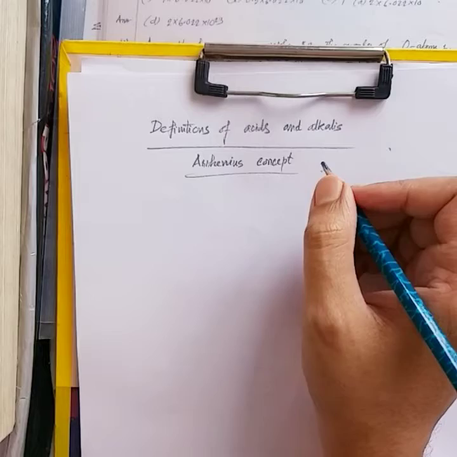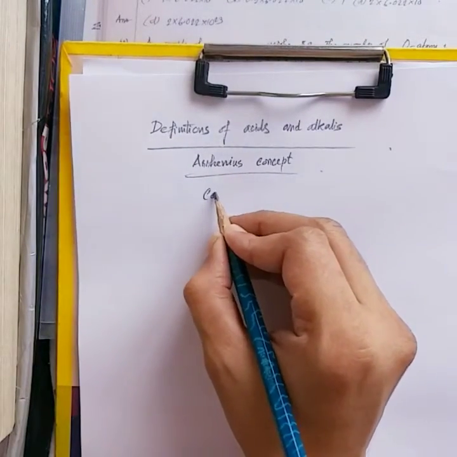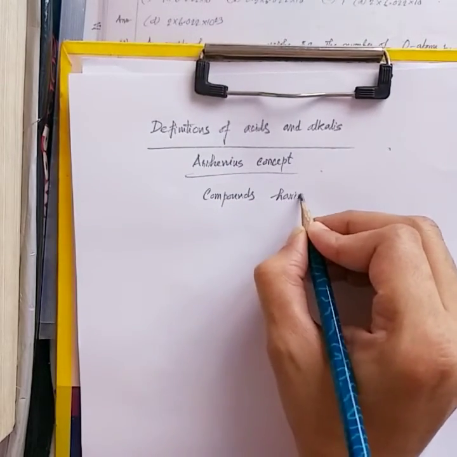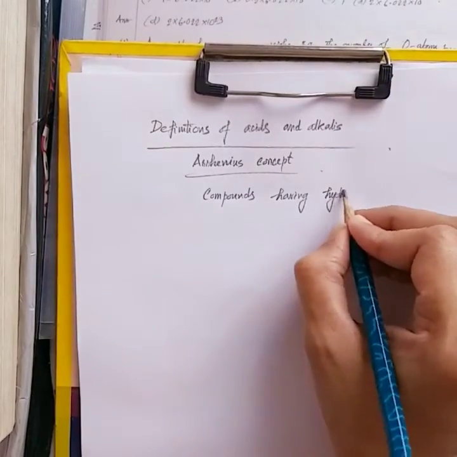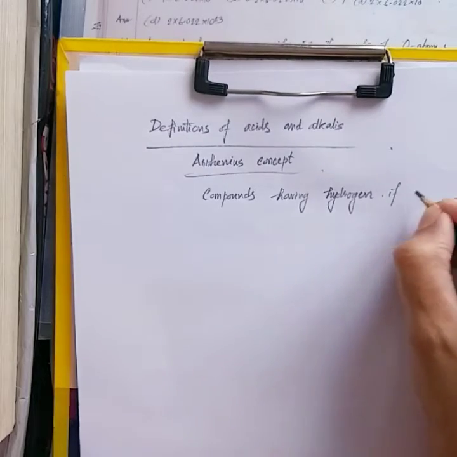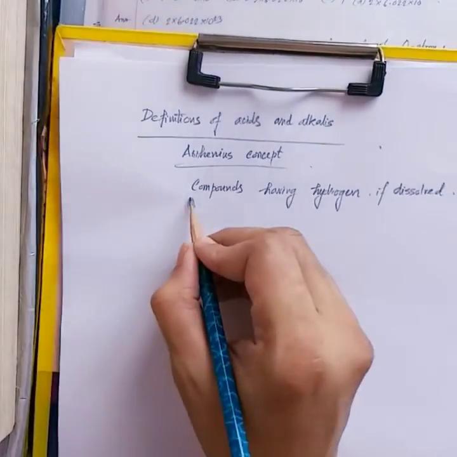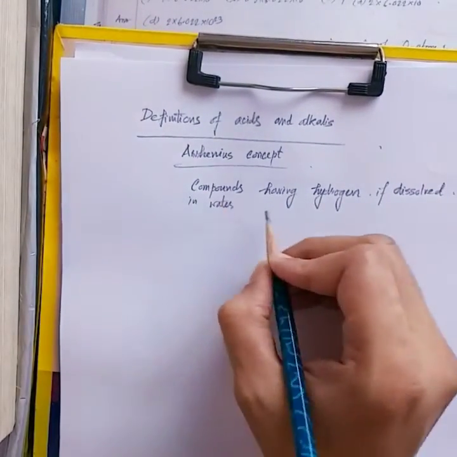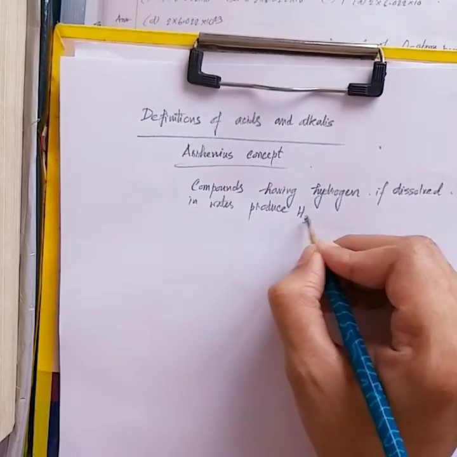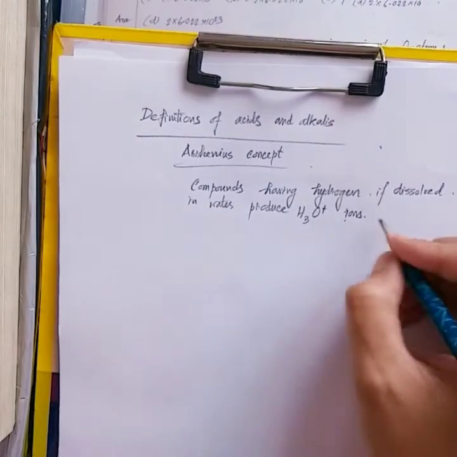Okay, so according to Arrhenius, the compounds, not inorganic compounds necessarily, the compounds having hydrogen, if dissolved in water, produce H3O plus ion, they are called acids.